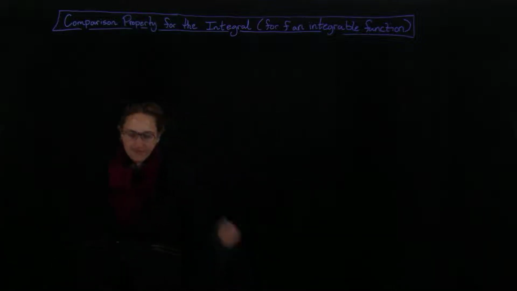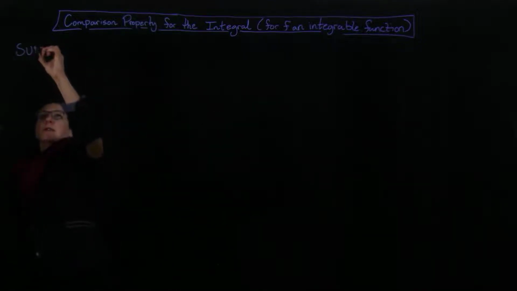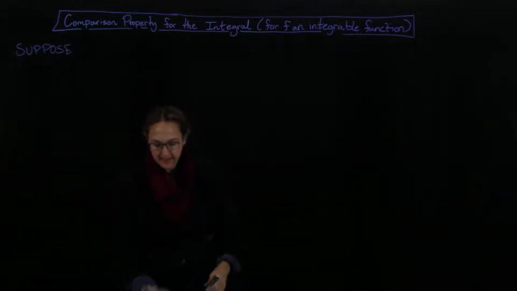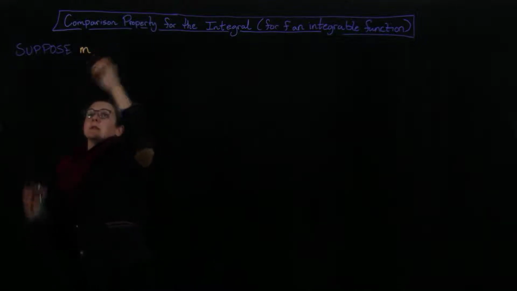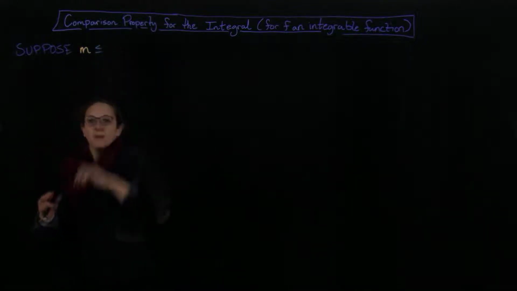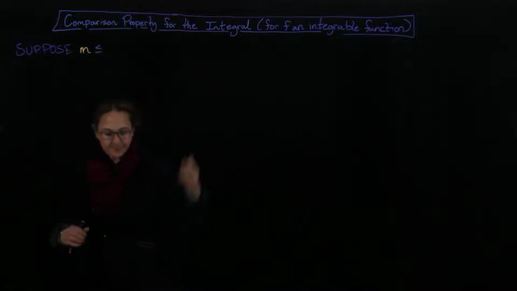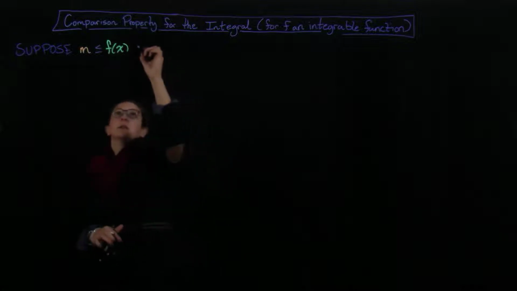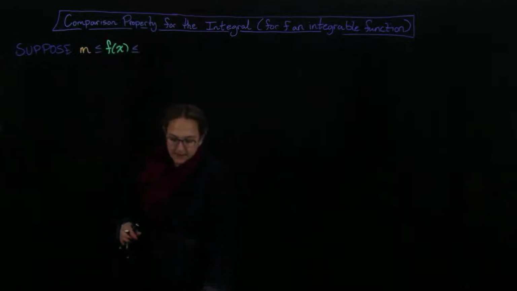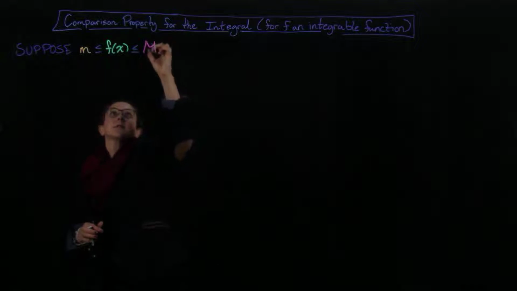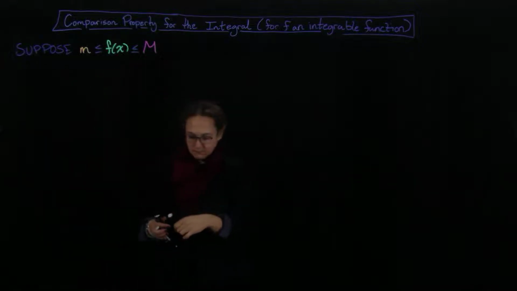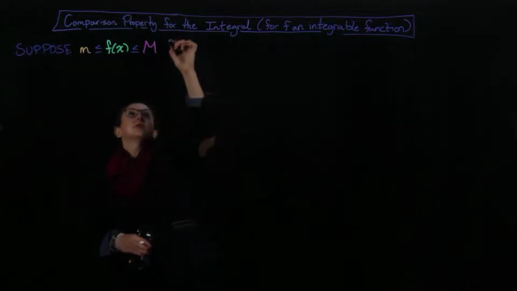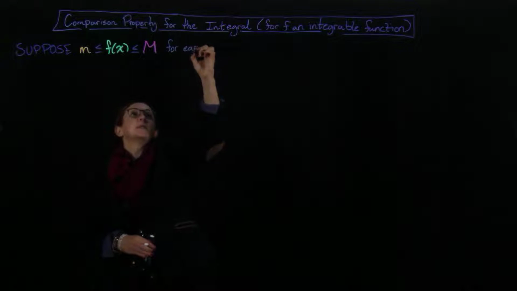So here we go. Suppose we have that m is less than or equal to f of x, which is then less than or equal to M. So little m and big M are just real numbers, and this is going to happen for each value of x that lies between some fixed a and b.